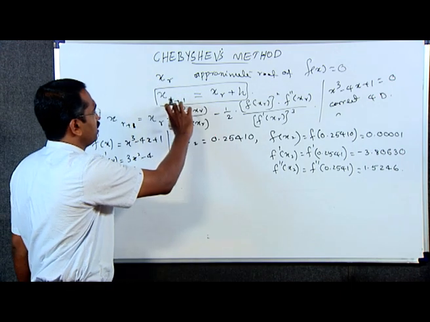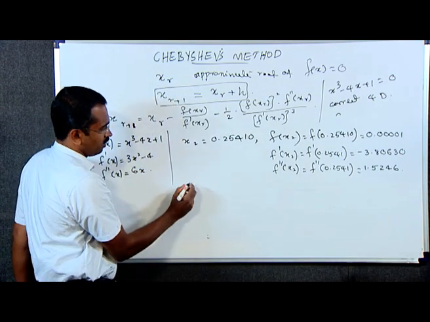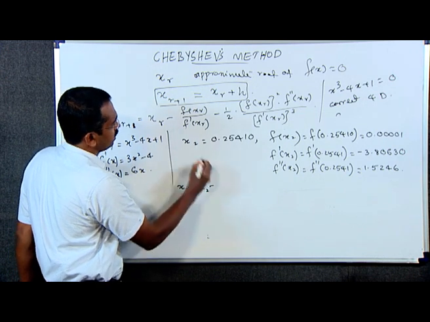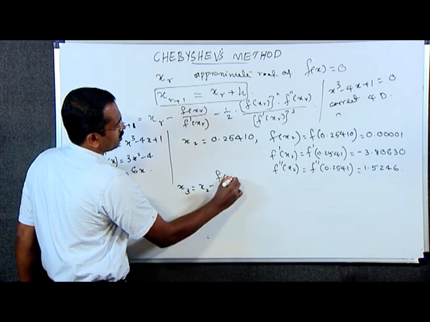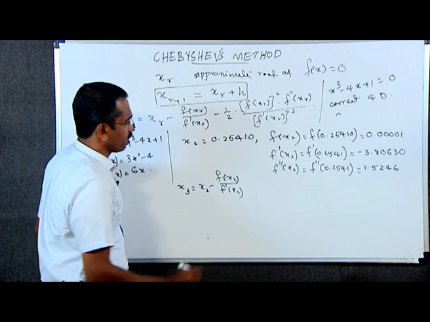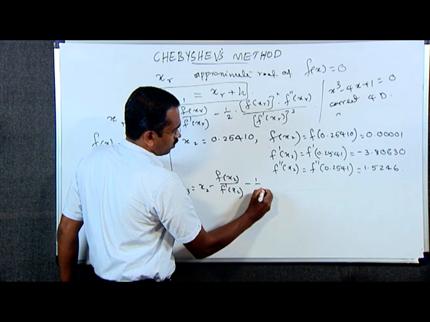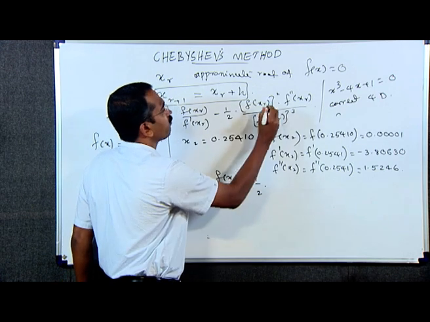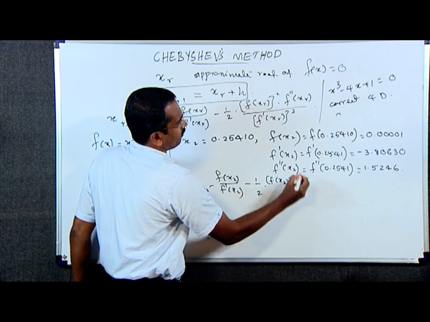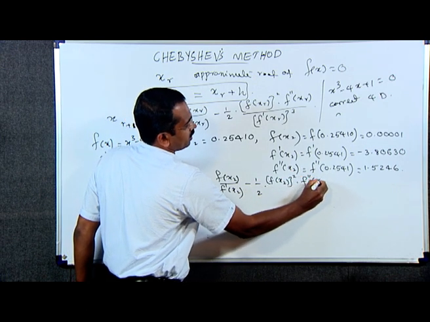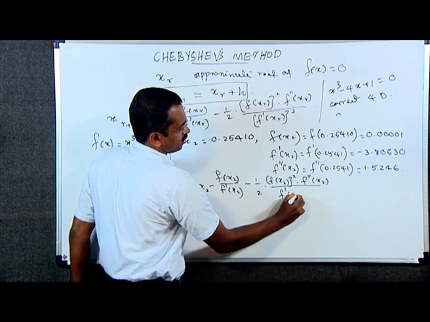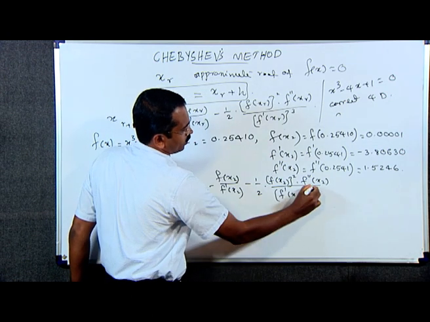Now, by the Chebyshev's iterative formula, we can write x3 as x2 minus f of x2 divided by f dash of x2 minus 1 by 2 into f of x2 square into f double dash x2 divided by f dash of x2 the whole cube.